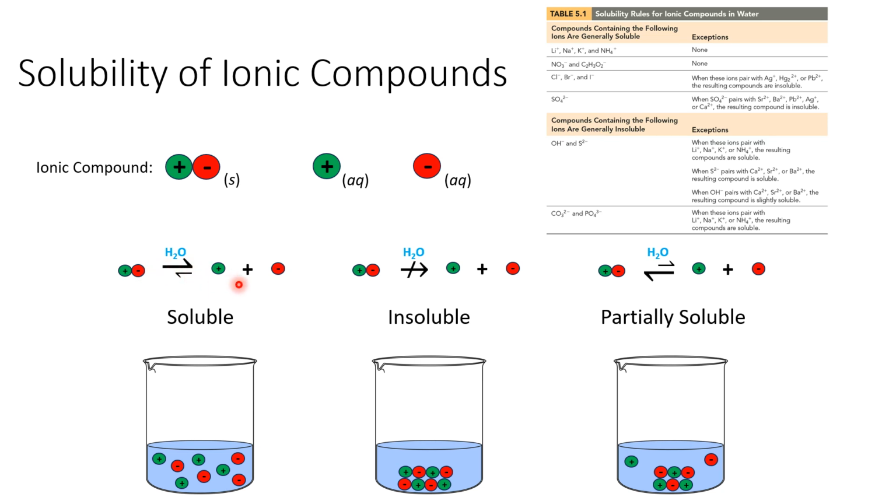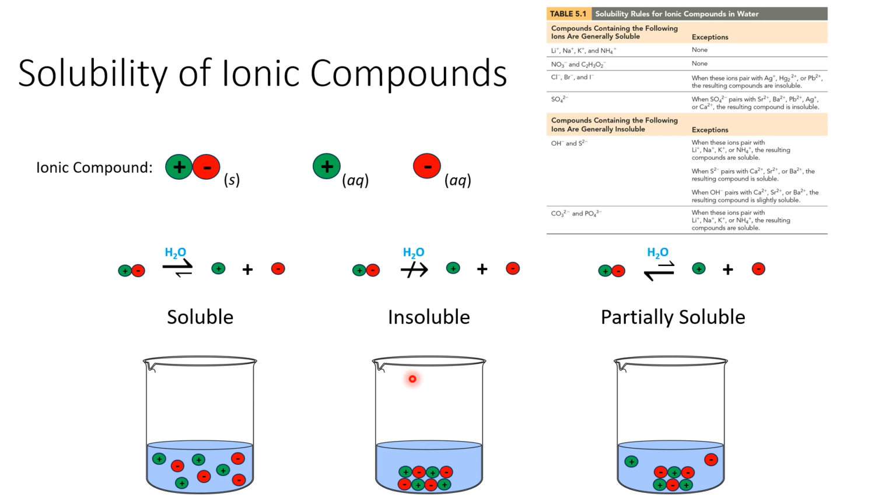So if it goes more towards the right, that means the plus and the minus, the metal and the nonmetal, break up and they fully dissociate in solution. I have a graphic here: a beaker of water with your ionic compound, and you can see the positive and the negative ions are spread out pretty nicely.